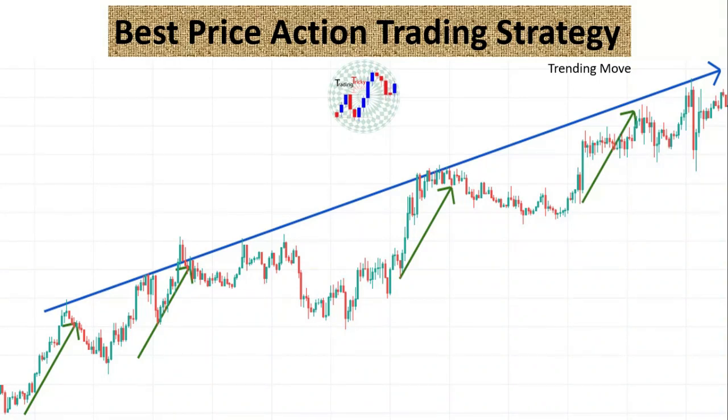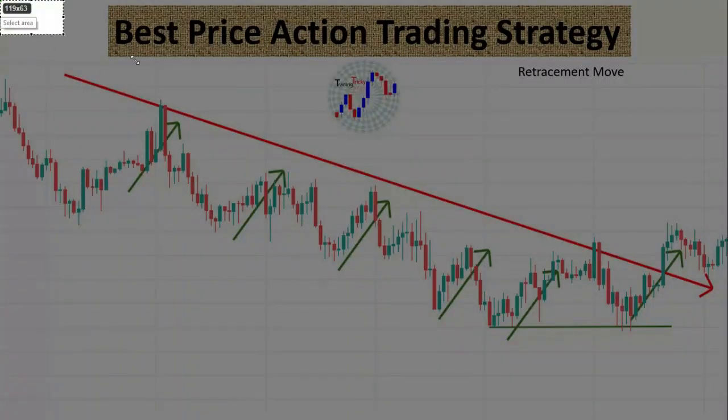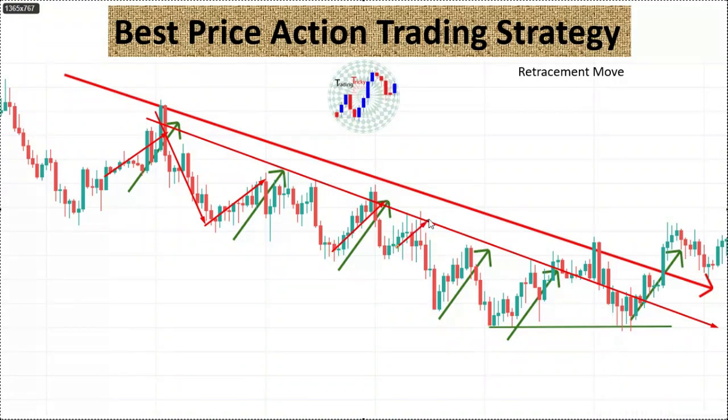Here is an example of a retracement move. As you can see, every time the market makes a new low, and this is a retracement move. The market is retracing this trend line. So this is called retracement moves.